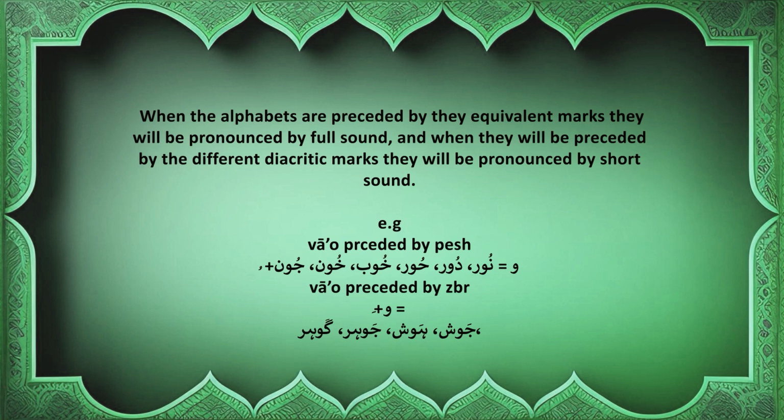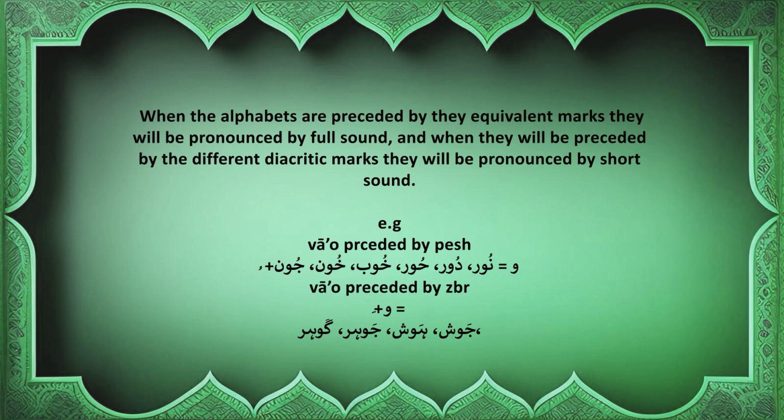This is the rule: when these alphabets are preceded by their equivalent mark, they give their full sound. Here we are pronouncing them in full length: Noor, Dur, Hur, etc.